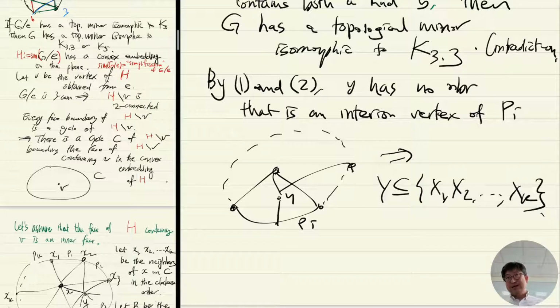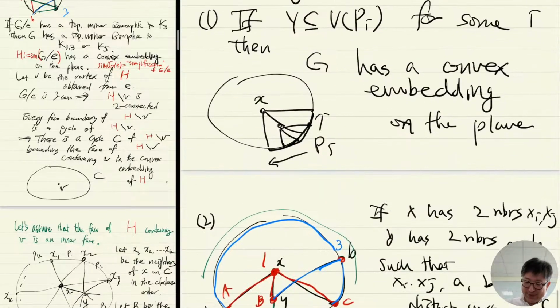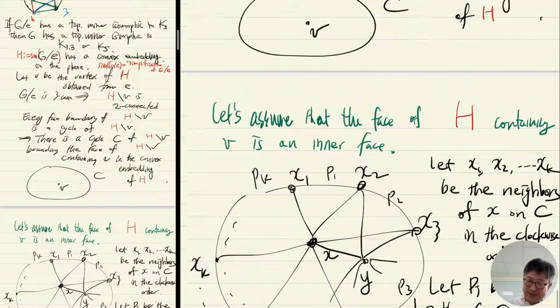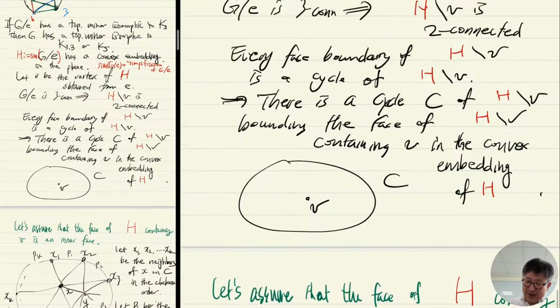All right. By the way, why do I know that k is at least 2? If k is 1, okay, let's add some additional assumption.